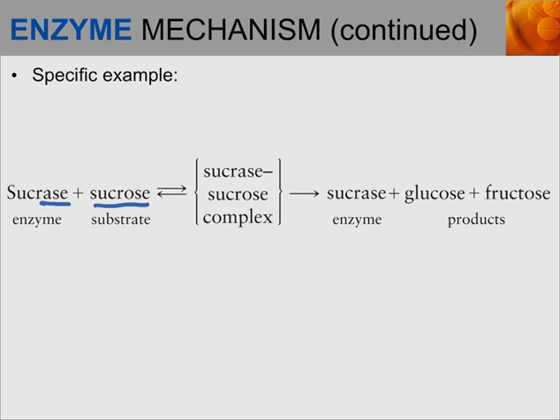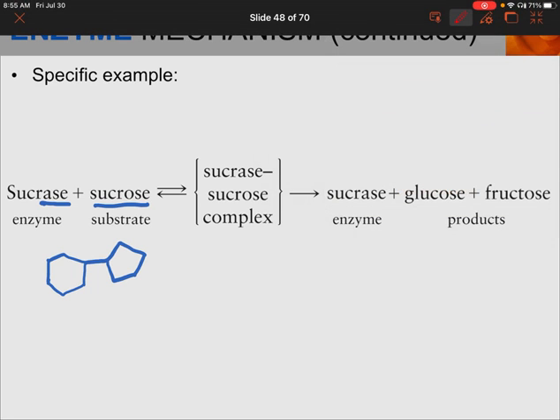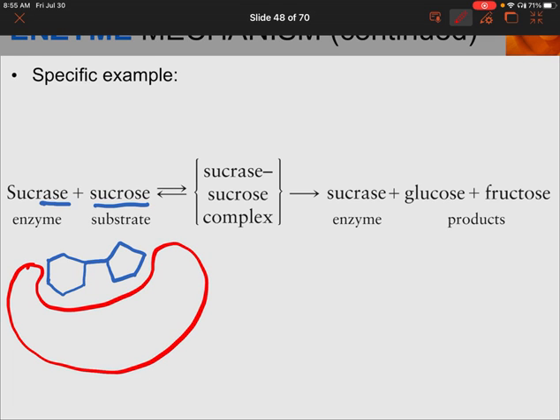And remember, sucrose is actually made up of two monosaccharides. So let's just draw a generic sucrose molecule there. The enzyme is going to eventually connect with sucrose, and then it's going to do its magic and split sucrose apart.